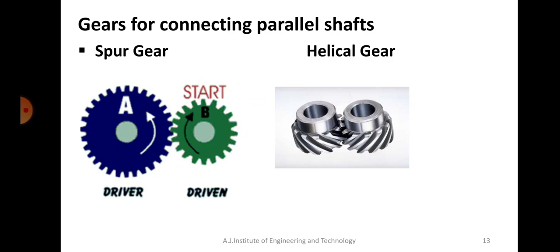In this case, the sketch is representing an external gearing, where both the teeth are on the outer side of the gear and they are being meshed externally from outside. When an external gearing takes place between two gears, then the direction of motion will be opposite to each other. That means if the driver is rotating in anti-clockwise direction, the driven will be rotated in clockwise direction and vice versa. If the driver is in clockwise, the driven will be in anti-clockwise direction.